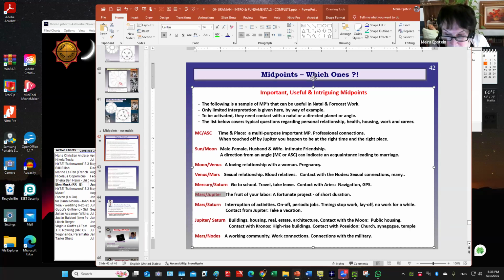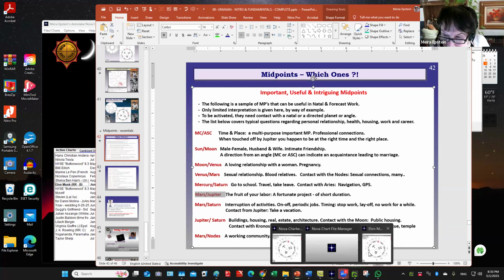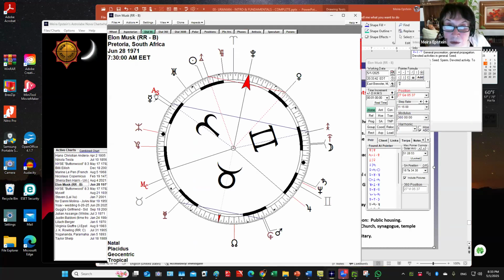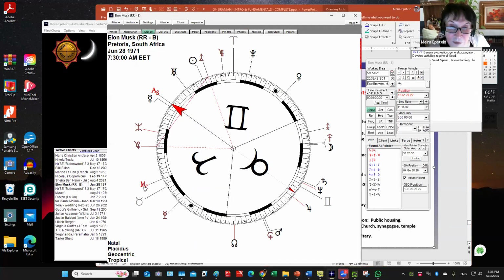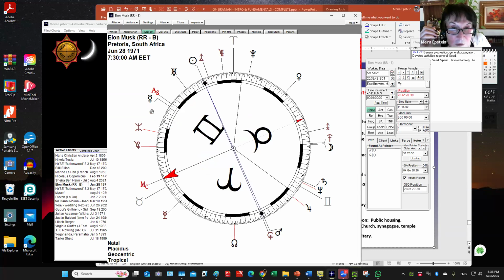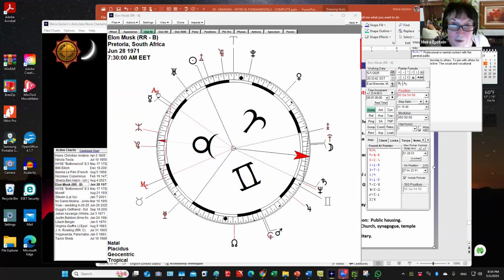Let's see with Musk for a second. The Ascendant is here and the Midheaven is here. I don't even wait for the chart to give it to me. I will create it because I'm very curious. So I do exactly what I showed you. I click on one, drag to the other, boom, I created the midpoint and I can look at it immediately.